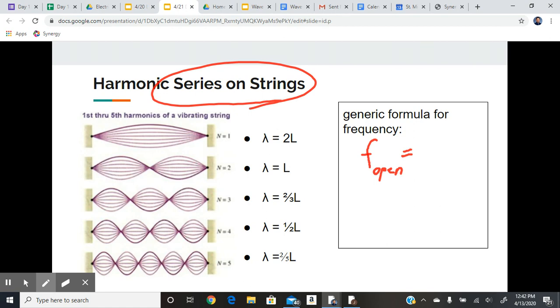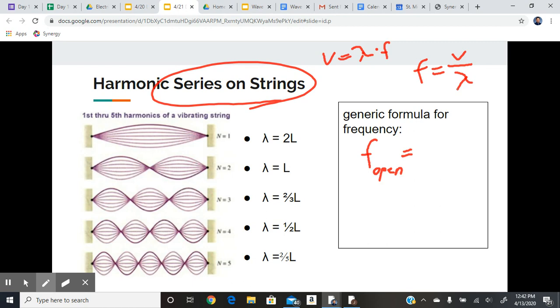Okay, and this equation basically comes from the fact that we know our general equation for velocity is equal to wavelength times frequency, and if we change it to solve for frequency, what we end up getting is velocity divided by wavelength.